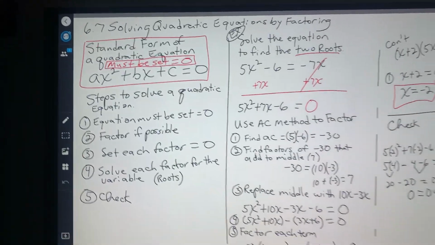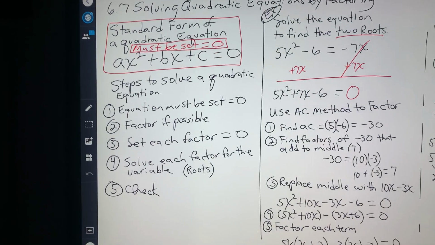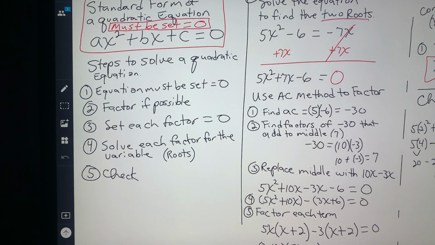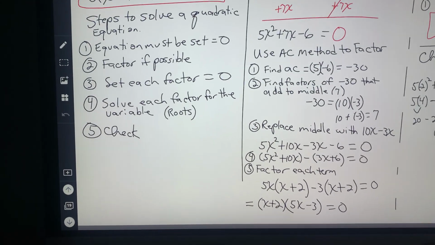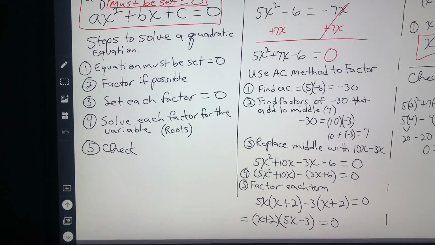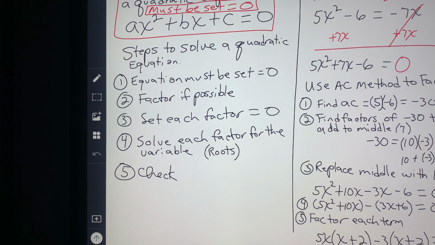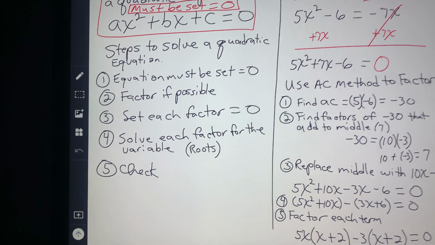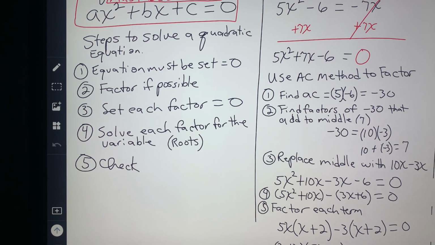And in 6.7, we're looking at solving quadratic equations by factoring. Here are the steps that you'll use to solve quadratic equations. The equation must be set equal to 0. That's the first rule.